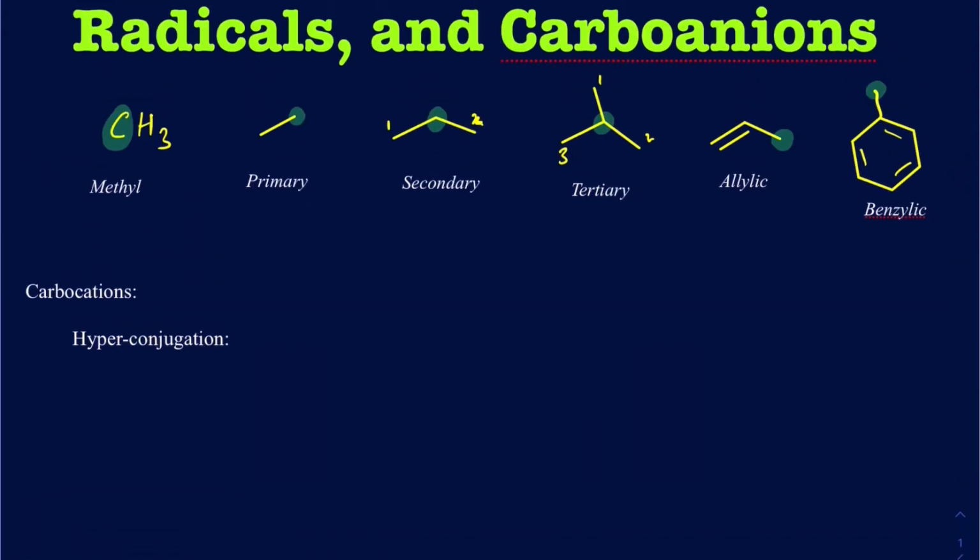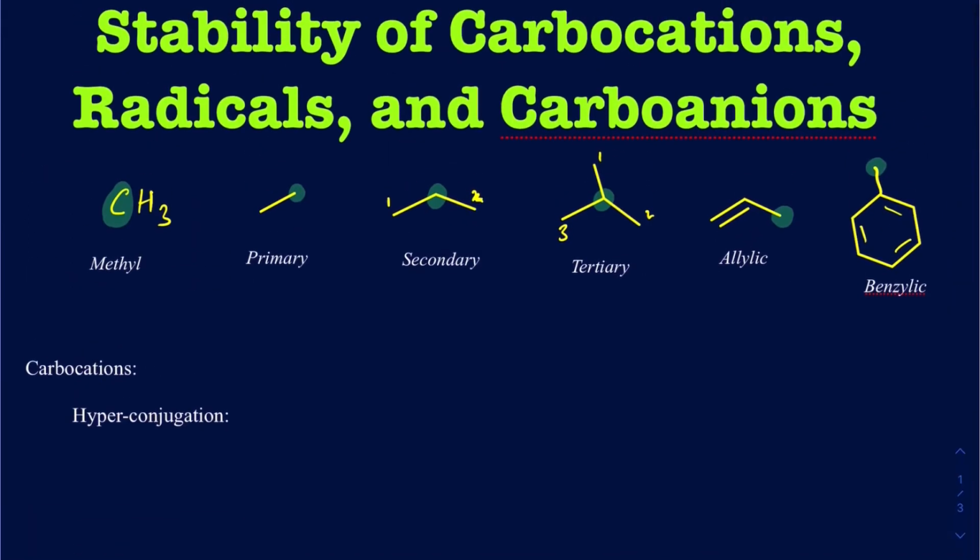So in addition to that, you can also have something called a vinyl position. So I'm going to go ahead and draw that out because you may see that as well. So vinyl is going to be where you have the charge on the double bonded carbon. So like this position, you can have a positive, a negative, or a radical on it. That would be called a vinyl position. So that could be a vinyl carbocation, carbanion, and radical.